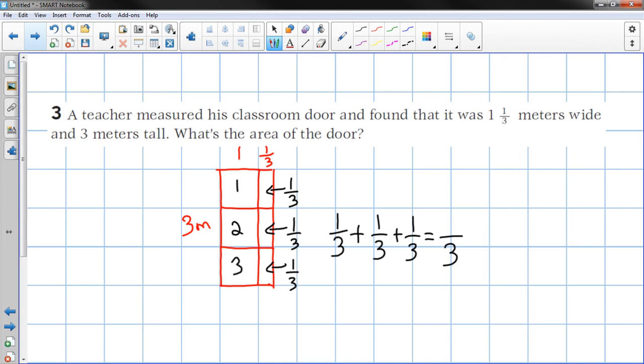So 1 plus 1 plus 1 is 3. I have 3/3, which is the same as having 1 whole. So altogether, I have 1, 2, 3, and one more from the 3/3 is 4. I have 4 square meters. 4 meters squared.